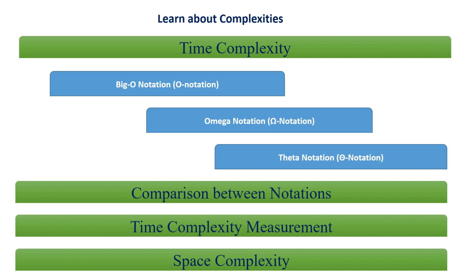We'll go through each notation in detail, and then we'll find out which notation we use majorly, what is the use of the other notations, and what is the difference between these three notations. Then in time complexity measurement we'll check how to measure the time complexity of a particular code, and at last we'll focus on space complexity. So this is the agenda for today's video.